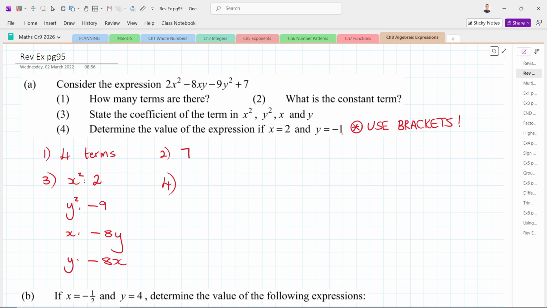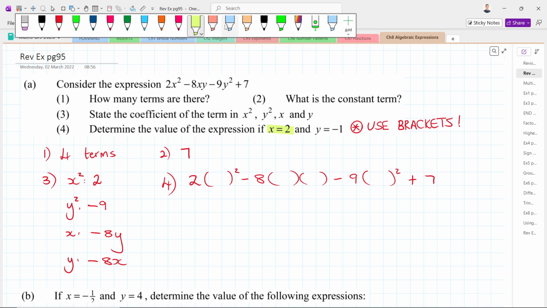Use brackets. So I'm going to rewrite this entire term using brackets in place of my variables. And now we know that x is 2 and y is -1.